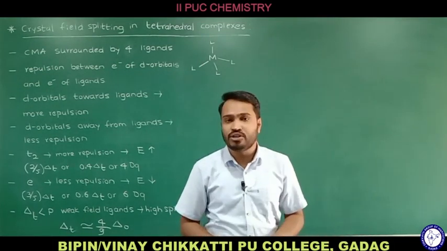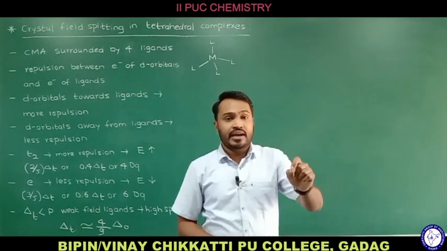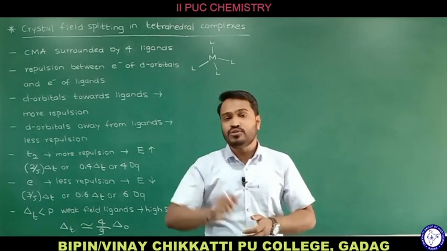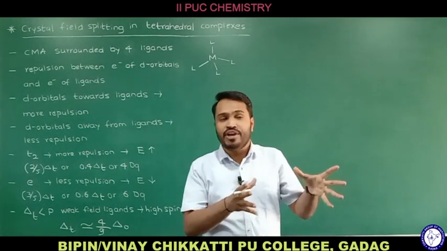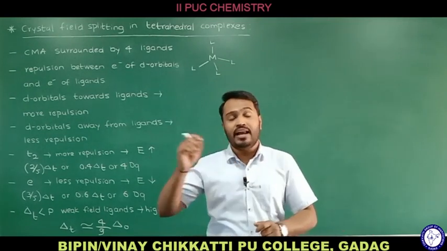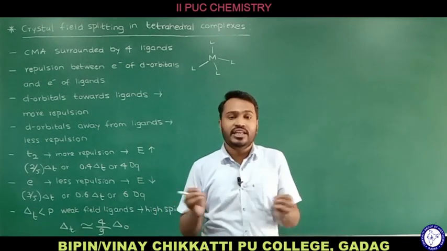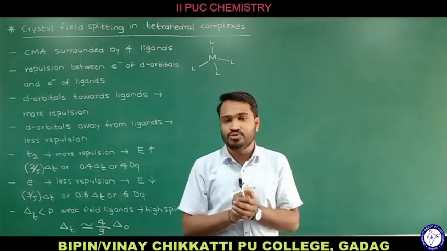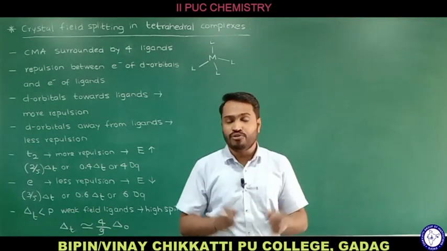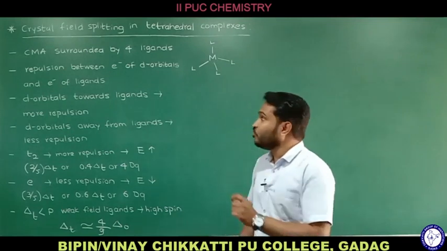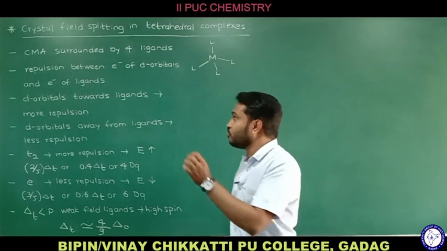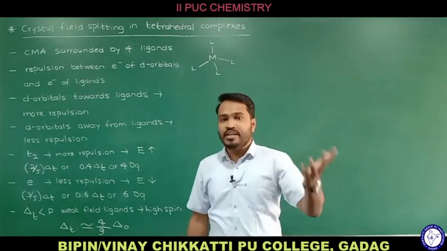Why does repulsion occur? The d atomic orbitals contain electrons and the ligands also contain electrons. When these two approach, both carry the same charge electron cloud, therefore repulsion takes place, between electrons of d orbitals and electrons of ligands.